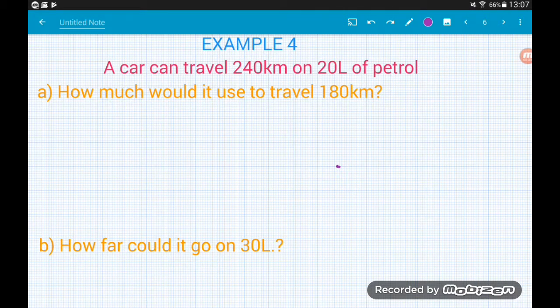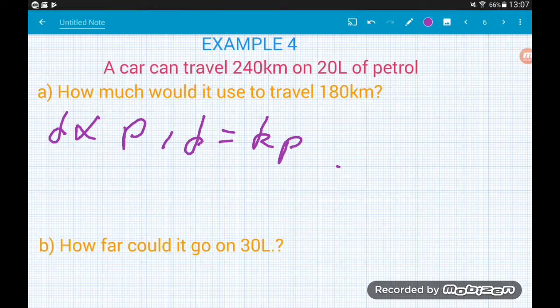Okay, so hopefully by now you're quite happy that we need to find the exact equation linking the two before we can attack that. So, first thing we can write down is that the distance is directly proportional to the amount of petrol. So, the equation linking them is D equals K times P. Okay, now we use our initial conditions.